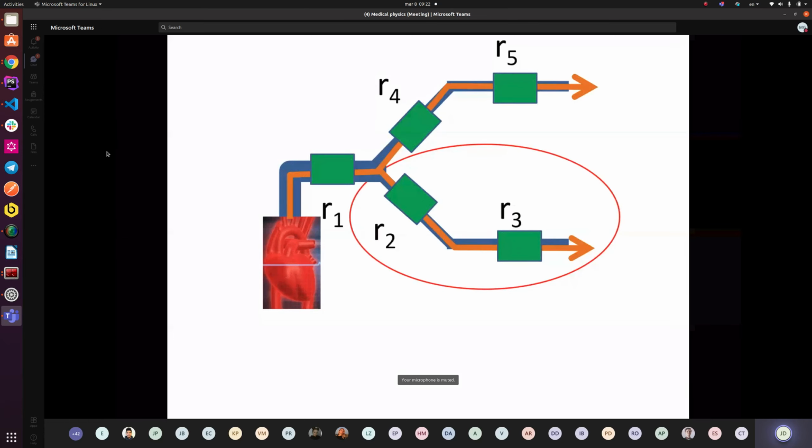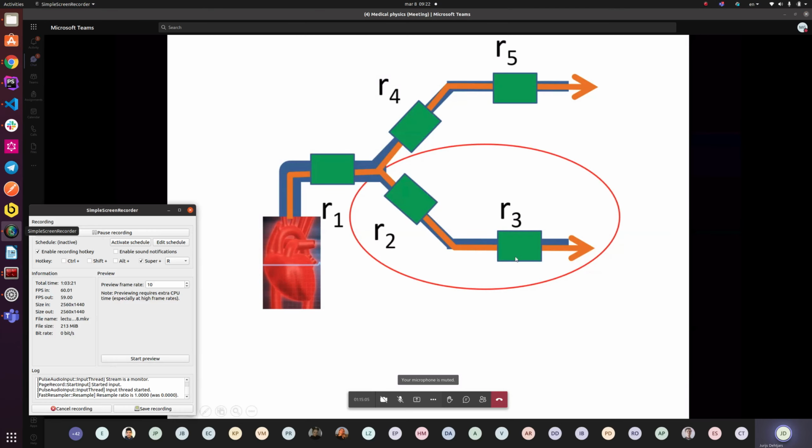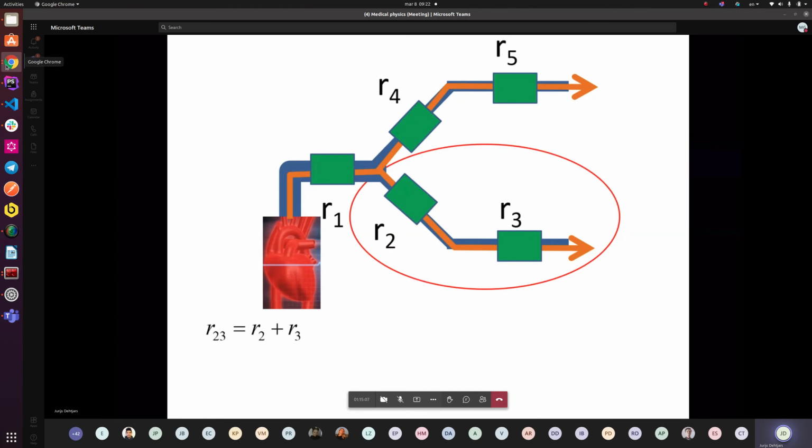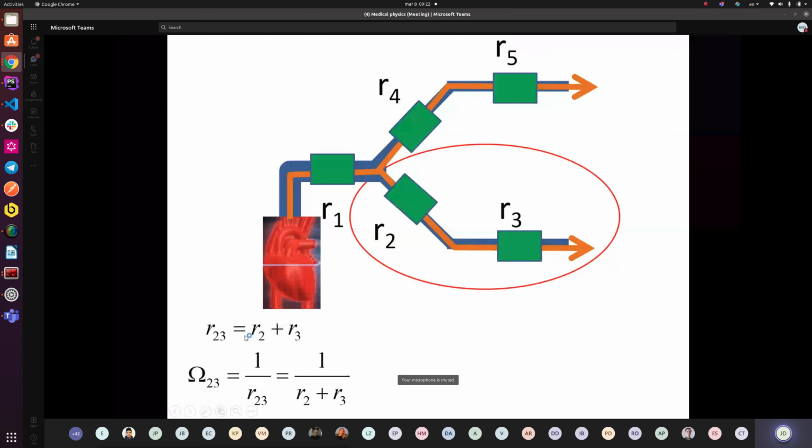Now let's calculate the conductivity of this branch, R2 and R3. The resistance we know: the summarized resistance is the sum of these two partial resistances, R2 plus R3. The conductivity we have to convert: 1 over omega is equal to R2 plus R3.